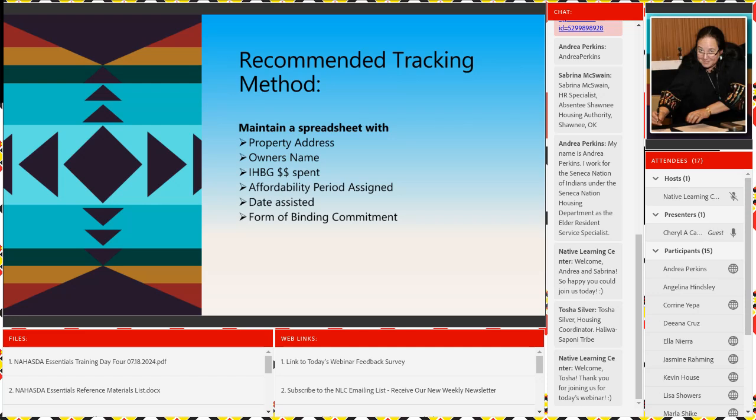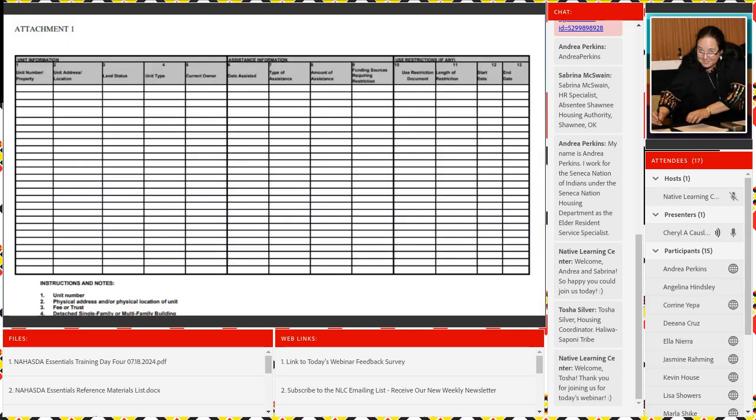So make sure you have a spreadsheet: property address, owner's name, block grant money spent, affordability period assigned, the date assisted, and what form of a binding commitment you have. This comes from some of those documents we talked about yesterday. This is one of the spreadsheets HUD likes to use, okay?